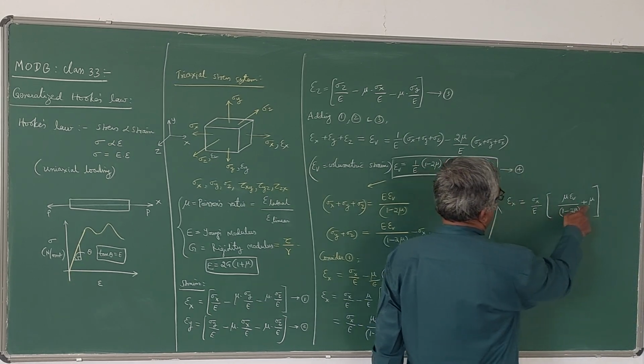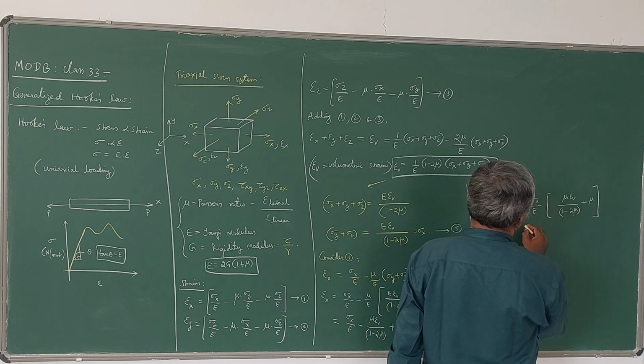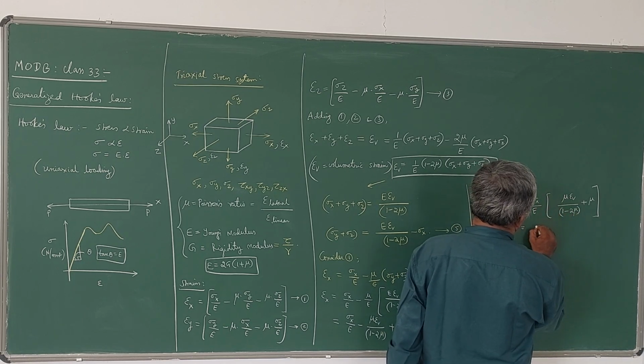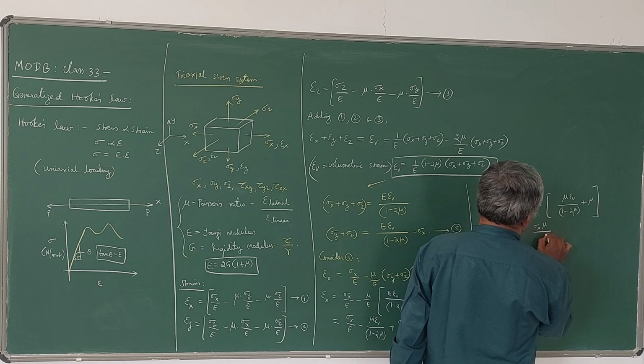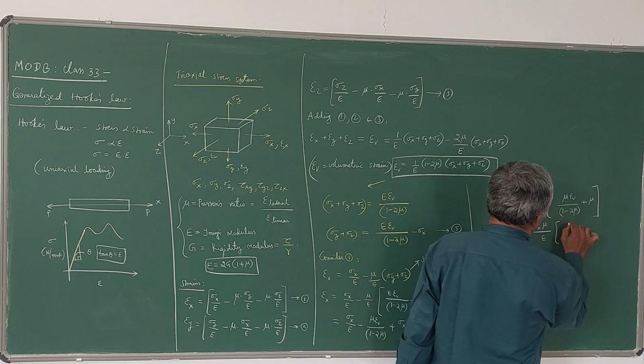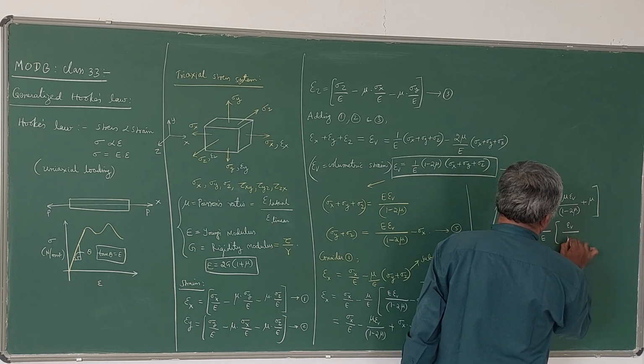Of course, this mu also I can take common, so it becomes epsilon x equals mu divided by E into epsilon v by 1 minus 2 mu plus 1.